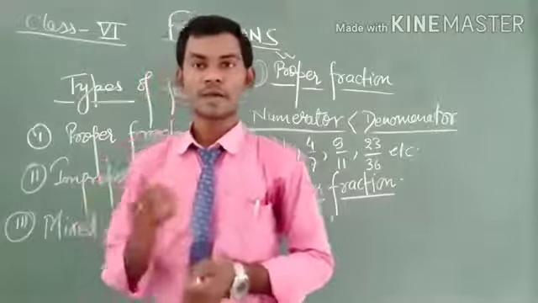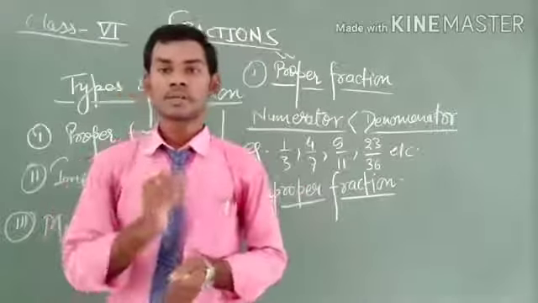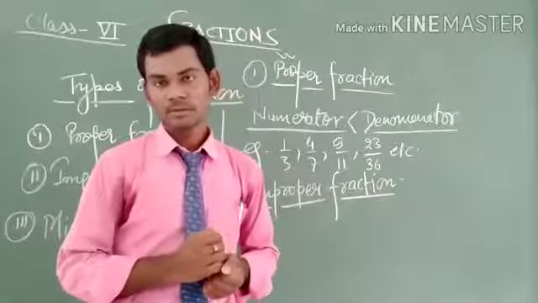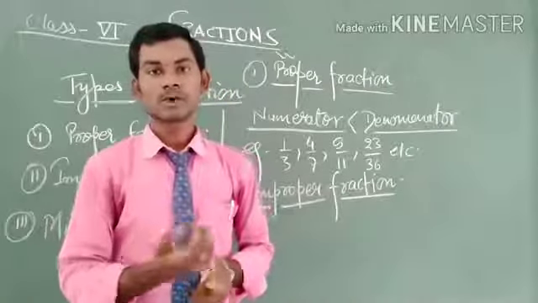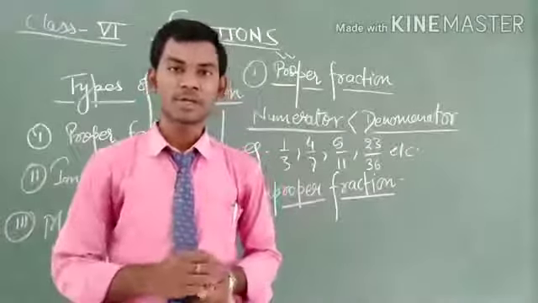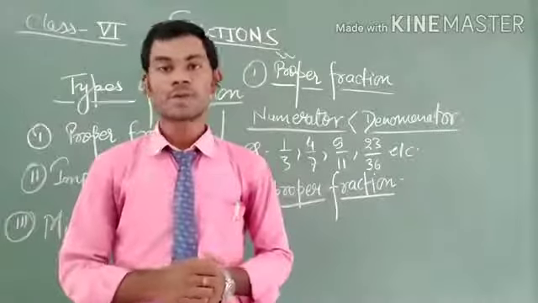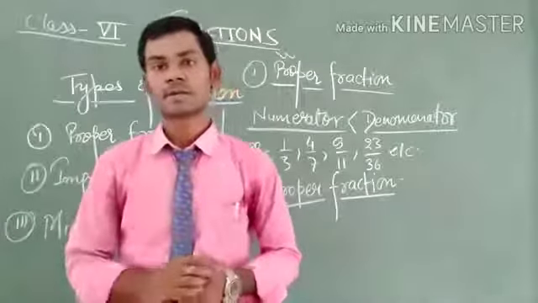So here we have three definitions. We can say the opposite of proper fraction. Why do we say opposite? Because in the proper fraction the numerator is less than denominator, so in the improper fraction the numerator will be greater than denominator.